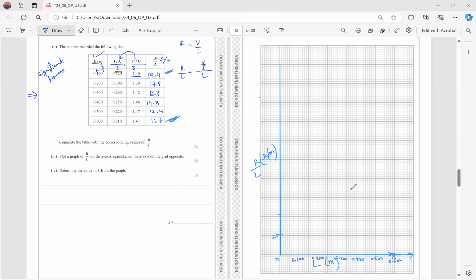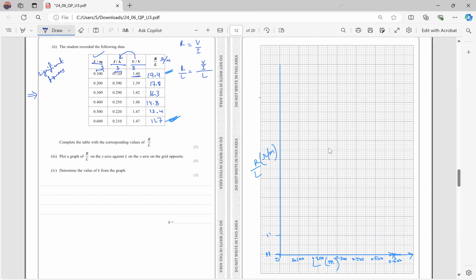And that means when your values are like this, remember, it's not necessary to start your graph at 0. Your x-axis starts at 0, but your y-axis can start from 11. You can put 11 here. Remember to label it properly. So it's 11, then we have 12, 13, 14. We can go all the way up till 20, and that would take about 9 boxes because we're starting from 11.